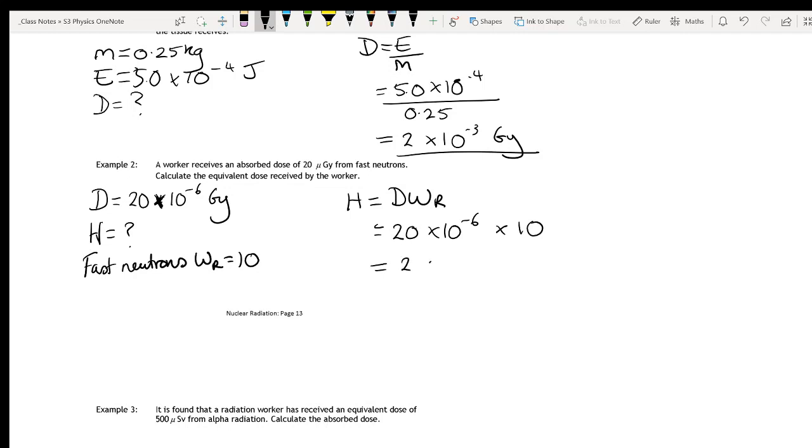So that comes to 2 times 10 to the minus 4 sieverts. Okay, so the only real difficult thing about this is making sure you're happy putting things into your calculator correctly. Have a go at example 3.